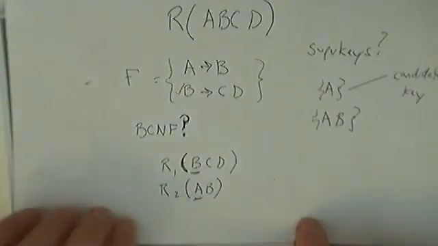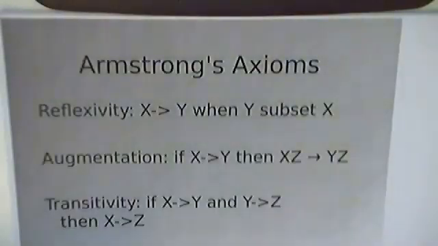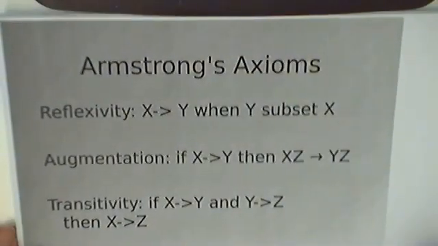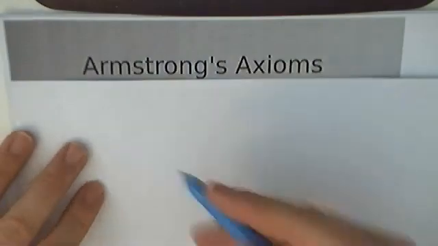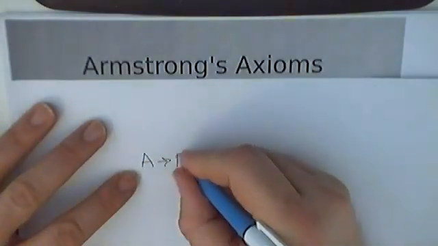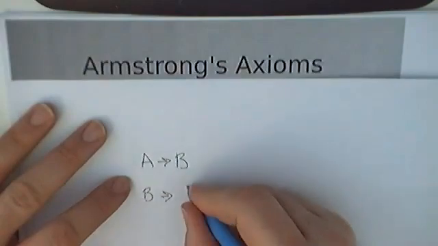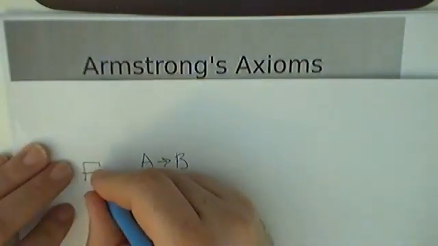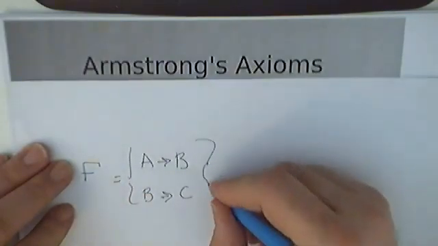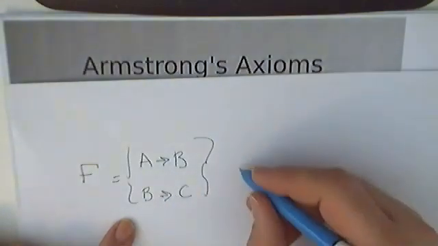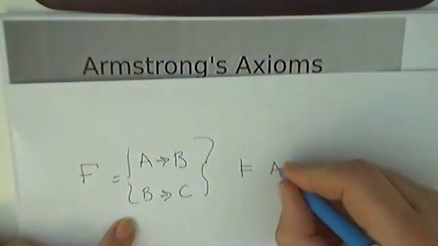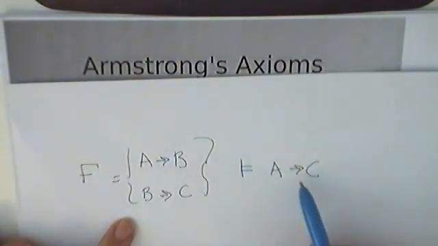Now, there is the question of this: if I give you a set of functional dependencies, for instance A goes to B, B goes to C, so F equals that, do these functional dependencies mean that this also holds?